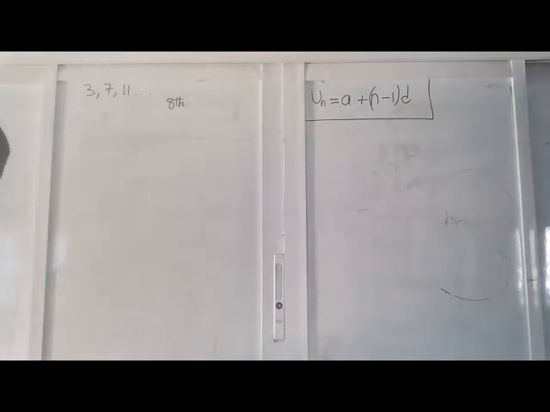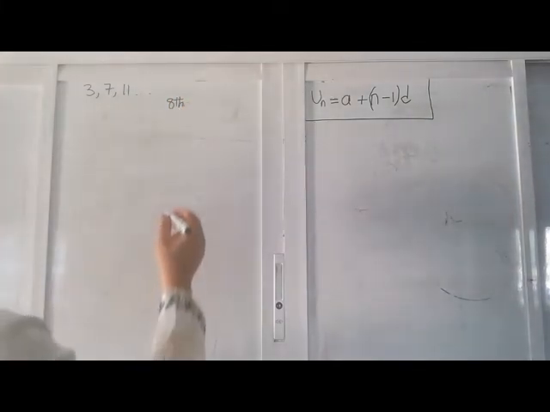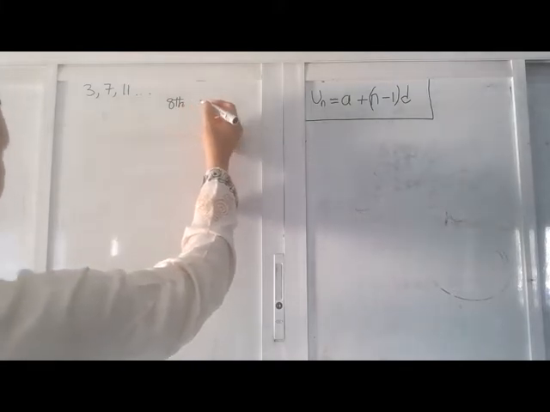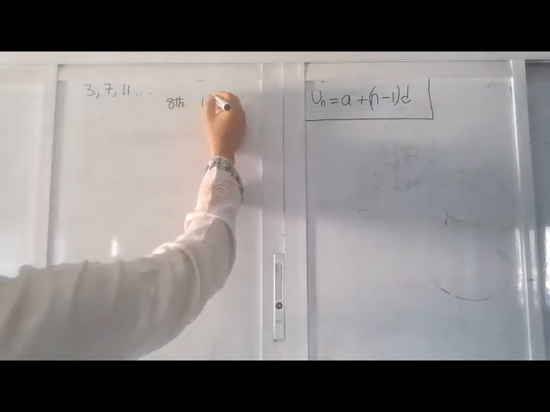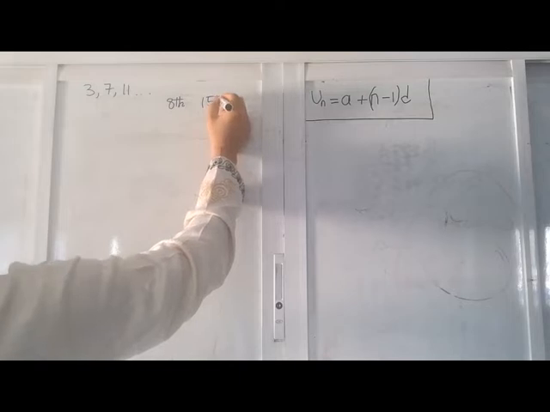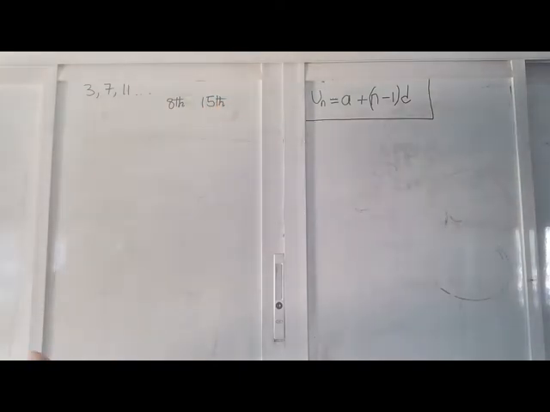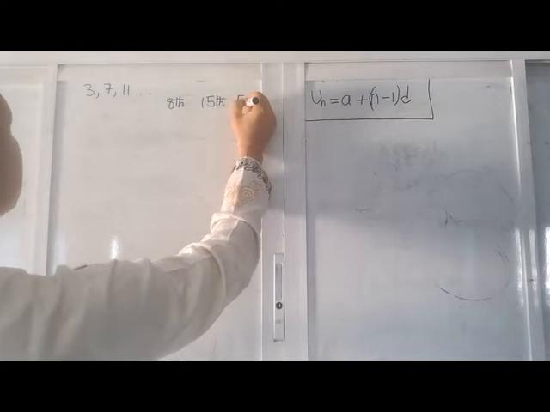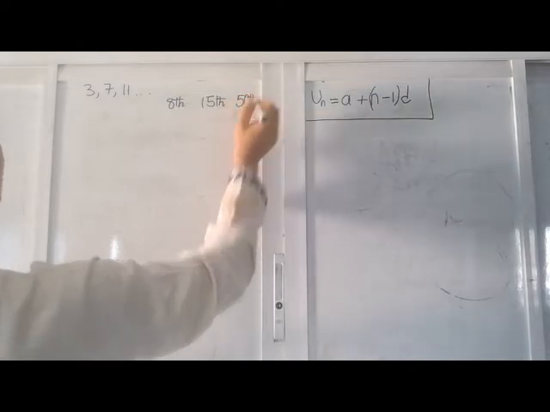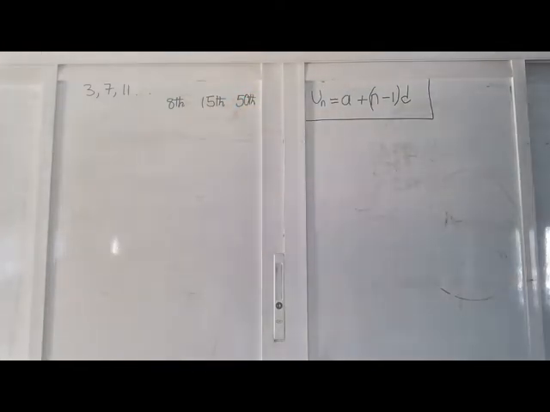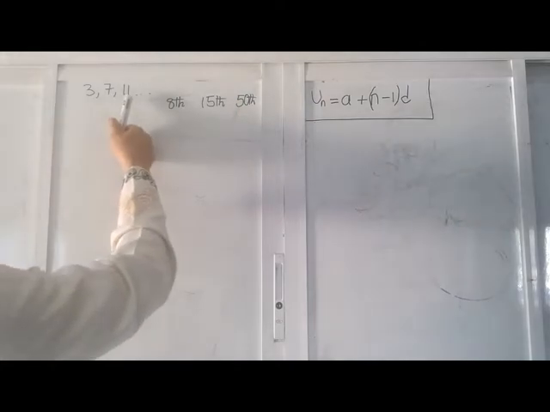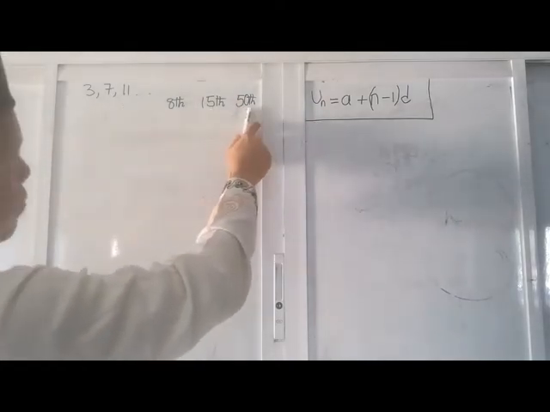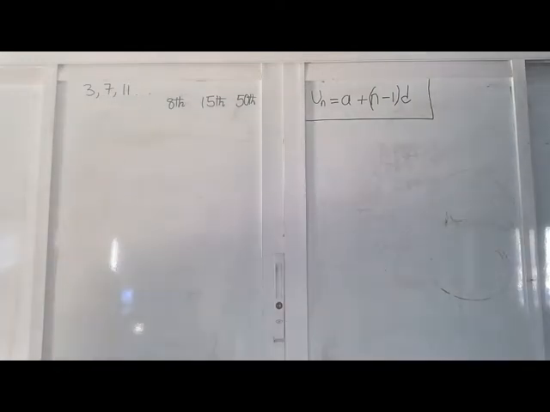We are also asked to get the 15th term, and the 50th term. So which means with this arithmetic progression, we are going to find the 8th term, the 15th term, and the 50th term of this progression.